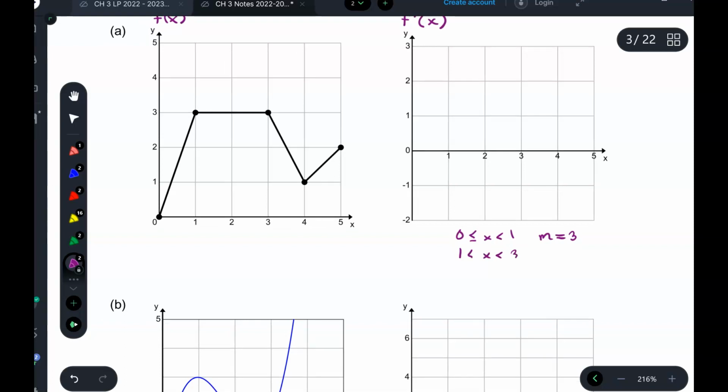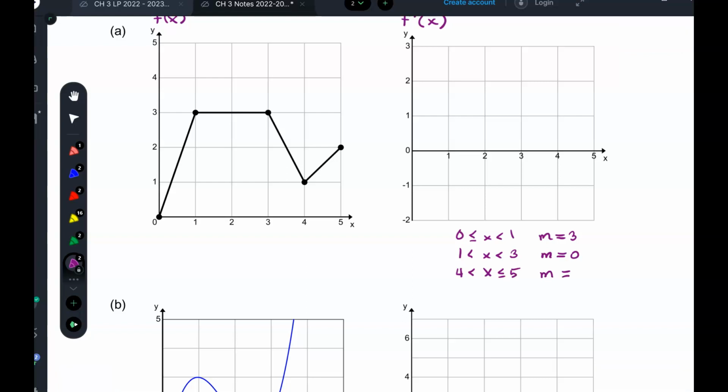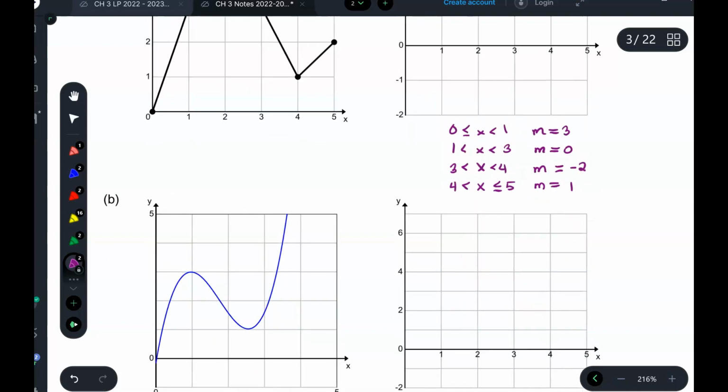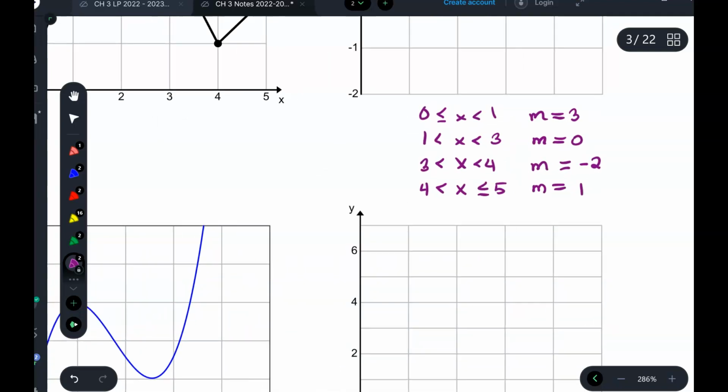So from 1 to 3, what's my slope? 0. And then, sorry, I missed 3 to 4. I jumped ahead. From 3 to 4, -2 I heard. And then from 4 to 5, we have 1. Can you see that? Okay.